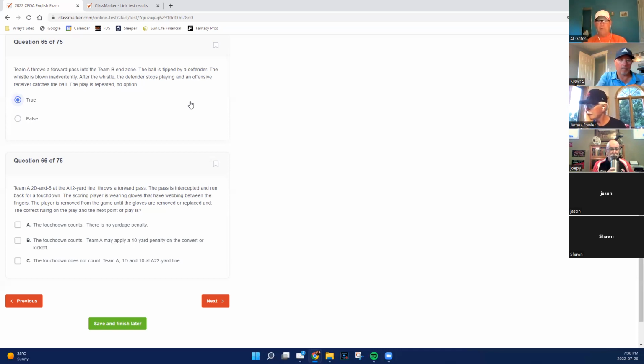That's the whole inadvertent rule. 181 note 4, I think it's 0.1. It's been a few weeks since I did this, so I don't remember exactly. It's note 4, 1 note. If an error on a pass play, repeat from PLS, no option.